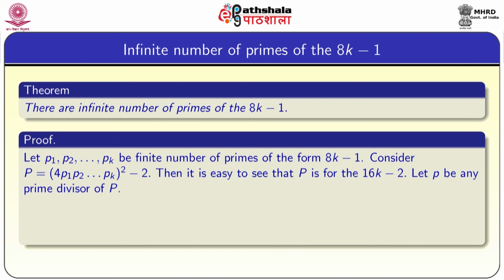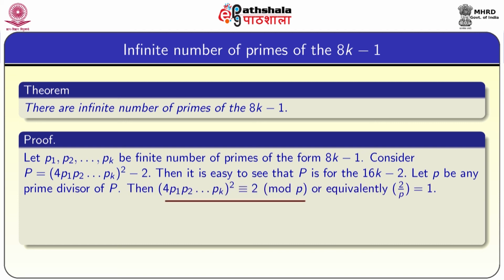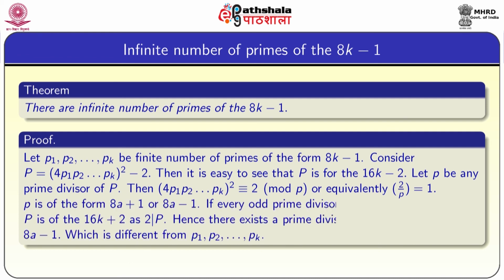Then it is easy to see that P is of the form 16k minus 2. Let p be any prime divisor of capital P, then 4 times (p1 p2 and so on pk) whole squared is congruent to 2 mod p, or equivalently 2 is a quadratic residue modulo p, so the Legendre symbol (2/p) is 1. Hence, p is of the form 8a plus 1 or 8a minus 1.